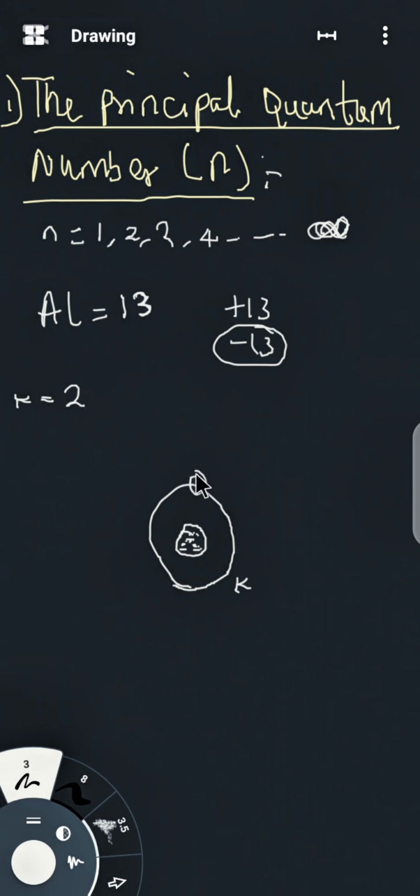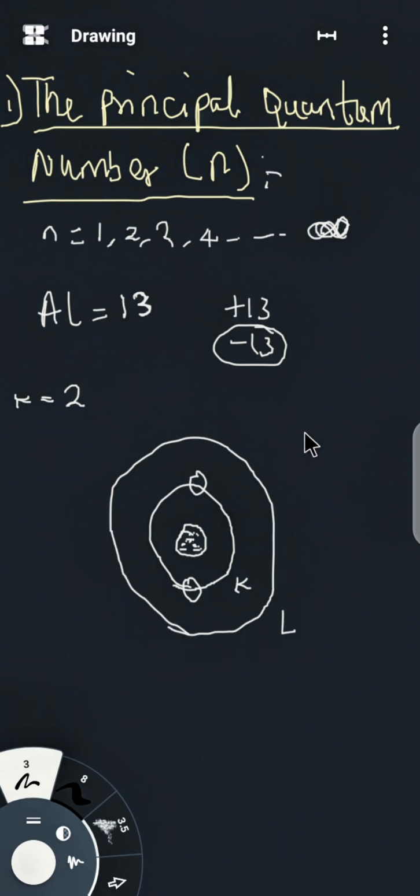So I drop 2 here and move on with the rest. So 2 electrons occupy the K shell. Then we move to the next shell, the L shell, the second shell, which has a maximum of 8 electrons.